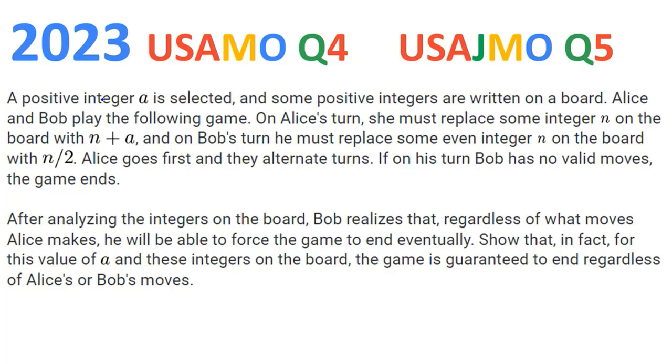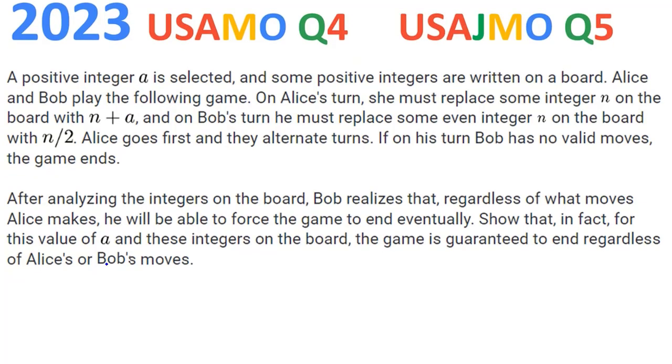The problem is a combinatorics problem, and in this problem I want to tell you a very famous idea, and I will leave some homework at the end of the solution. The idea is one of the most useful ideas, especially in combinatorics, and also useful in other topics. So let's start.